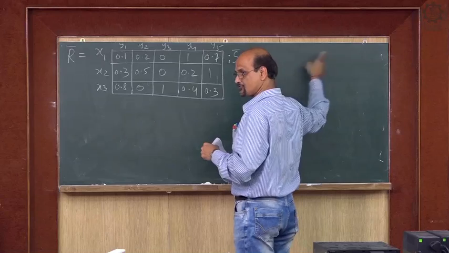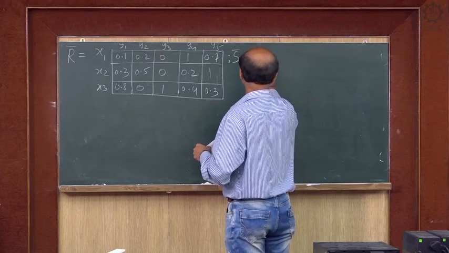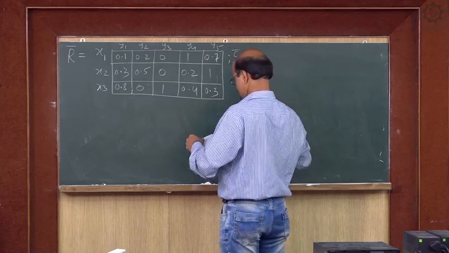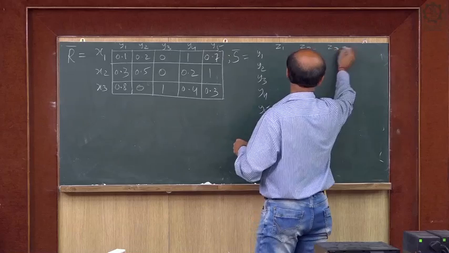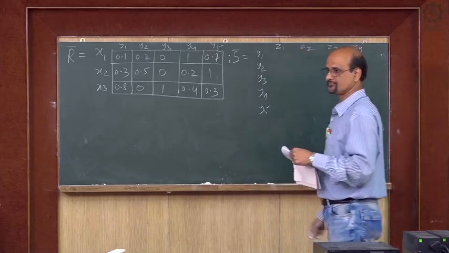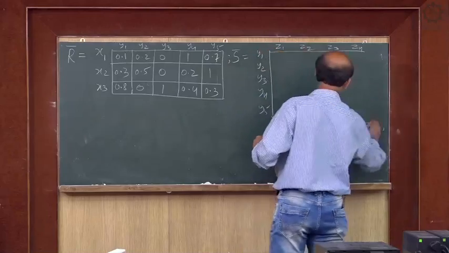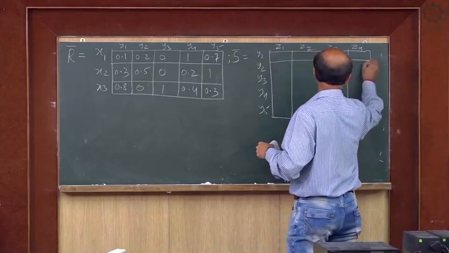So, I should have from y to z some relation matrix. So, we will have y1, y2, y3, y4, y5, and suppose z values are z1, z2, z3 and z4, 4 values. Okay? So, then the relation matrix I will have like this.